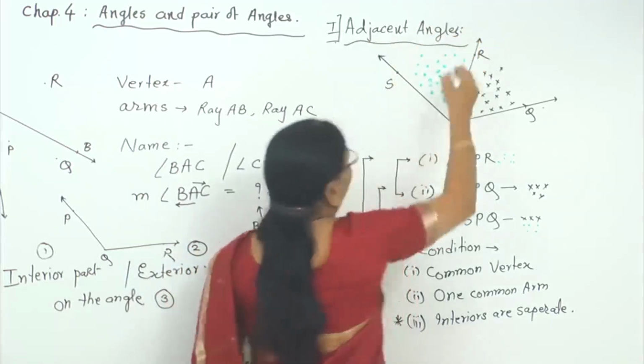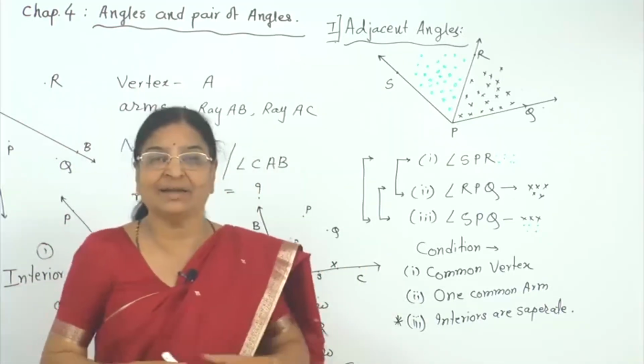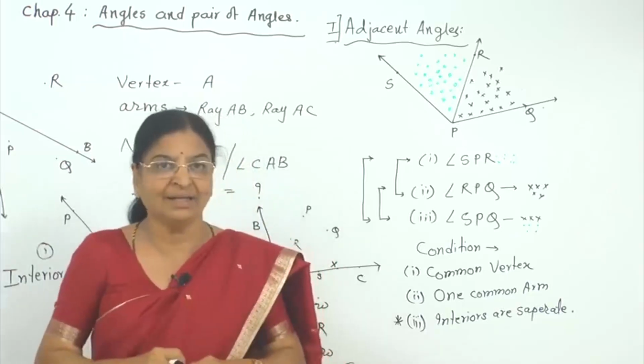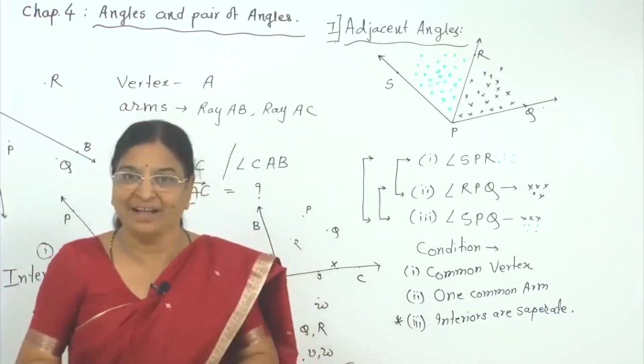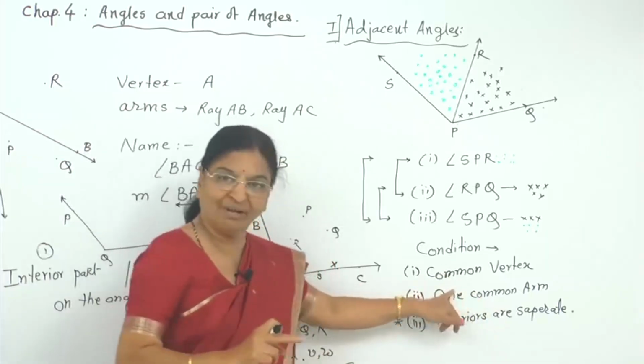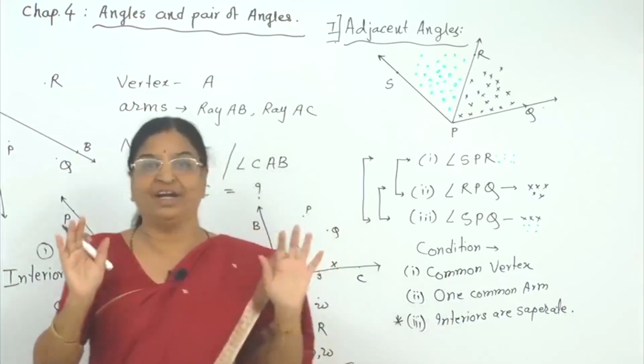So how will you define it now? If anybody asks what are adjacent angles? Of course, adjacent angles are a special pair of angles in which both the angles have a common vertex, one common arm and separate interiors.